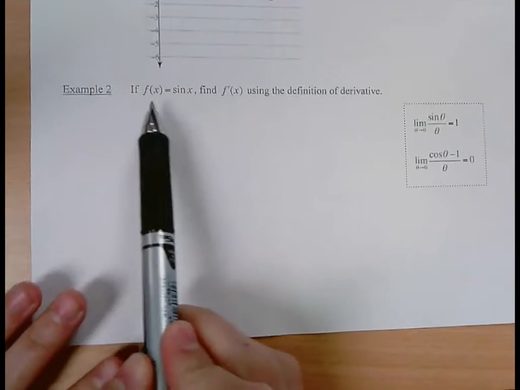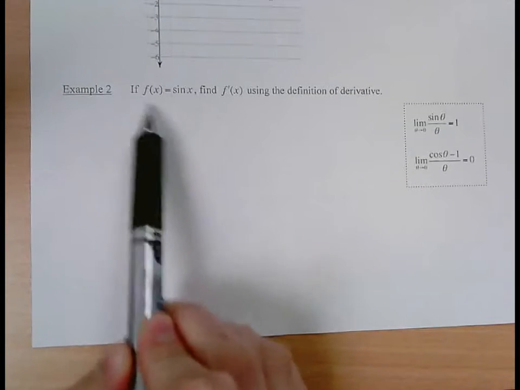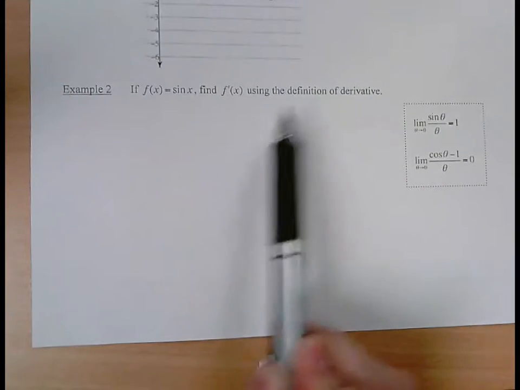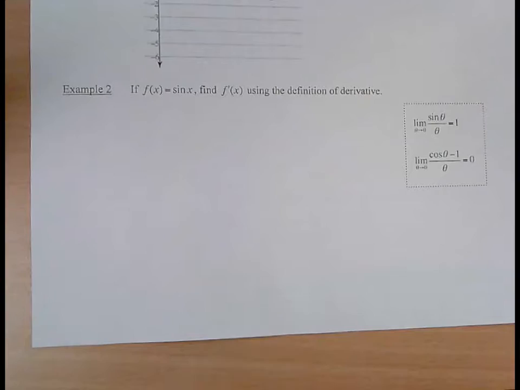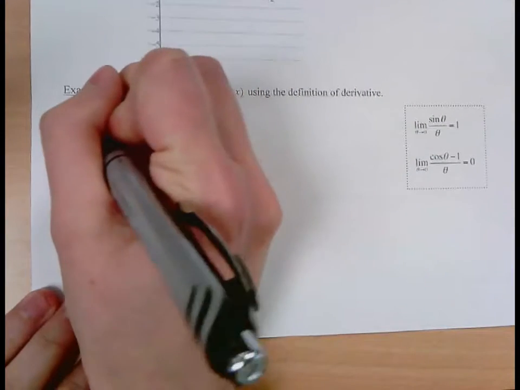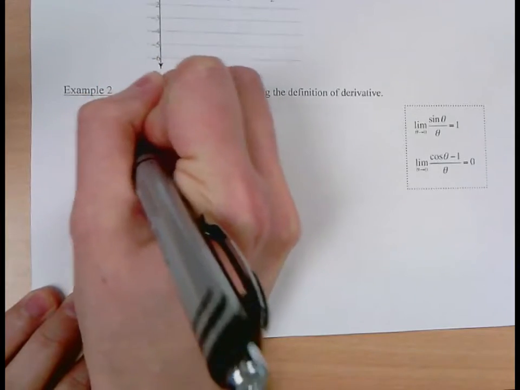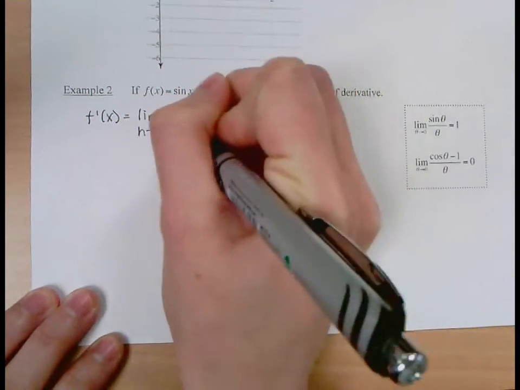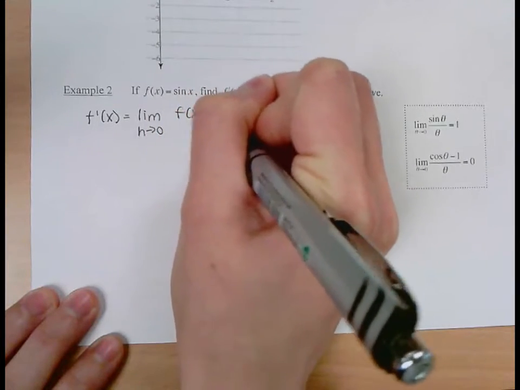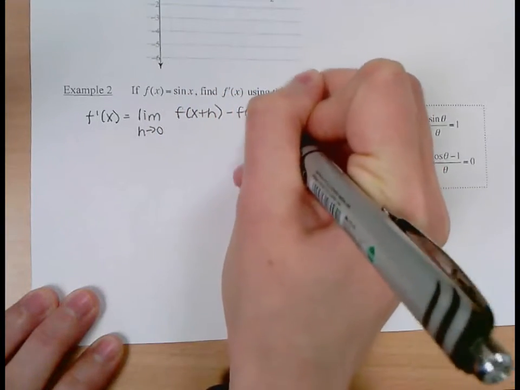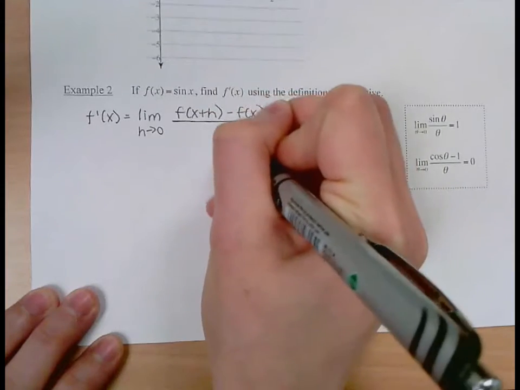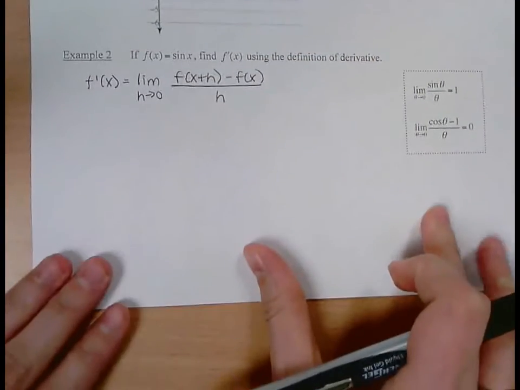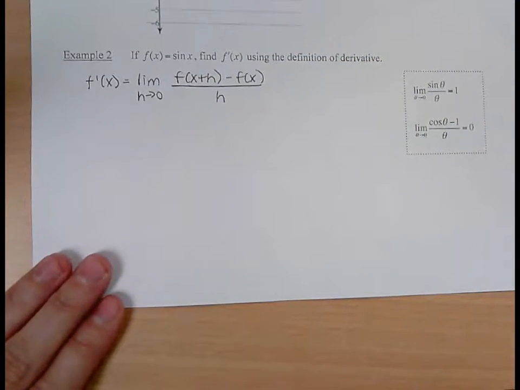So we are going to prove that the derivative of sine of x is cosine of x using the definition of derivative, and that's the limit that we used in chapter 2. So we are going to find f prime of x using the limit as h approaches 0 of f of x plus h minus f of x, all divided by h, given that our f of x is sine of x.